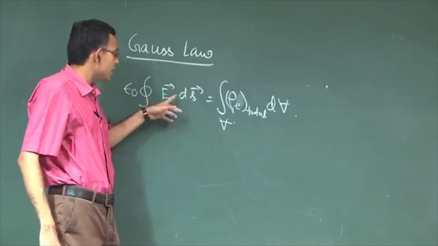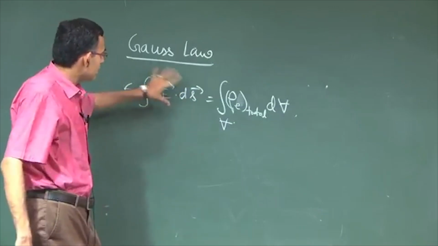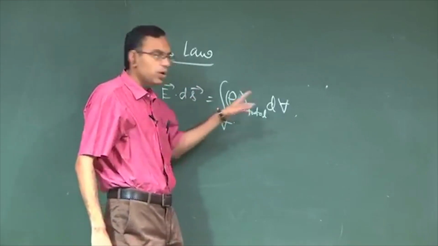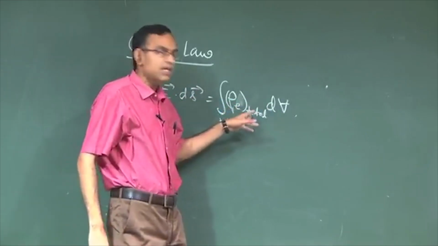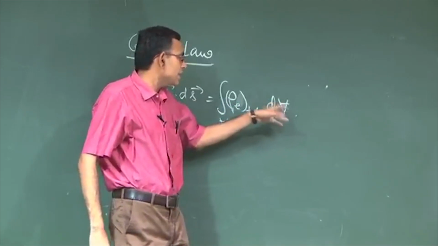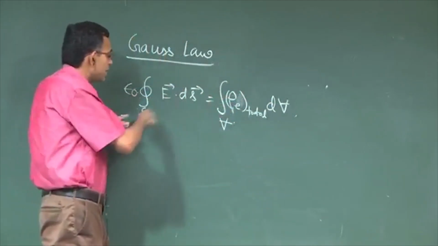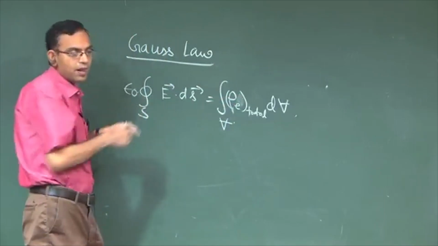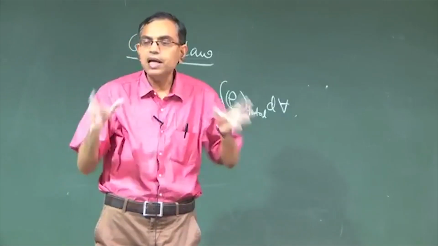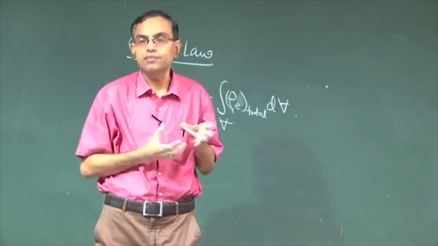So, if you are making a dot product of electric field with the surface vector, this surface integral over the surface S is as good as this volume integral. This is the total charge density, that is charge per unit volume times dV, where V is an elemental volume integrated over the volume which is enclosed by the surface S. So, Gauss law essentially relates the charge density with the electric field, and that is how the charge is now being related with the electric field.